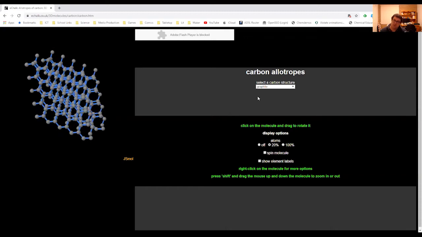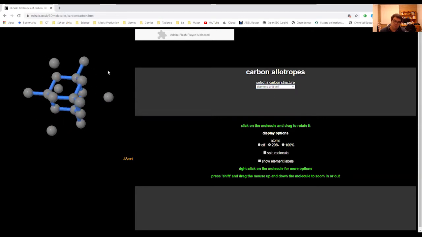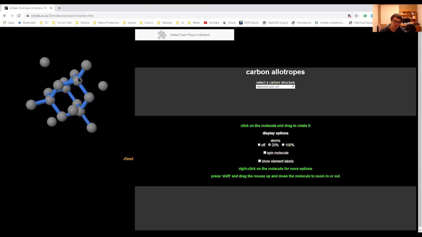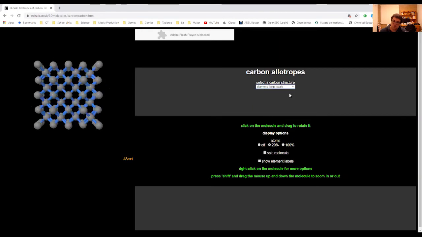Let's take a look at diamond. A diamond unit cell. This is a small cut through of diamond. You can actually see the tetrahedral shape around the central carbon I have just here. We'll go to the large scale.